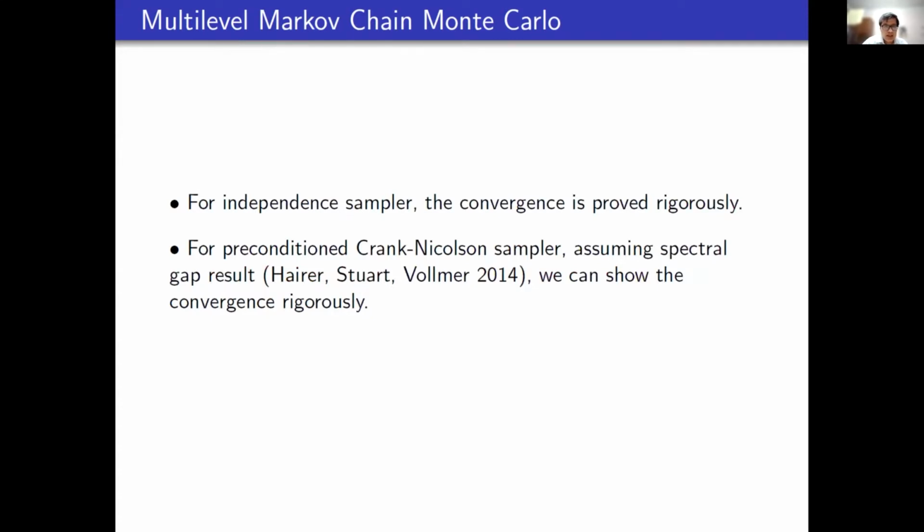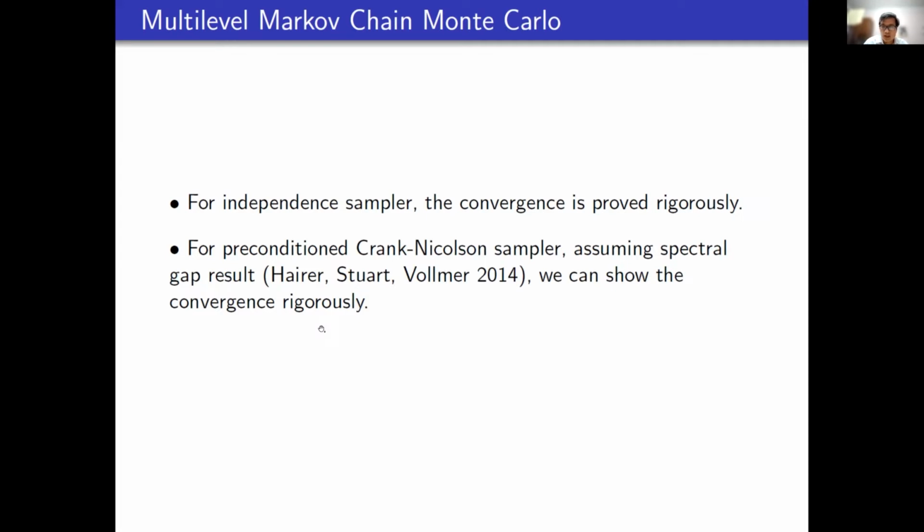For the independent sampler, it has been fully solved, and for the PCN sampler, if you assume the spectral gap result similar to the one in this paper here, then you can also show mathematically rigorously the convergence rate for the multi-level MCMC.